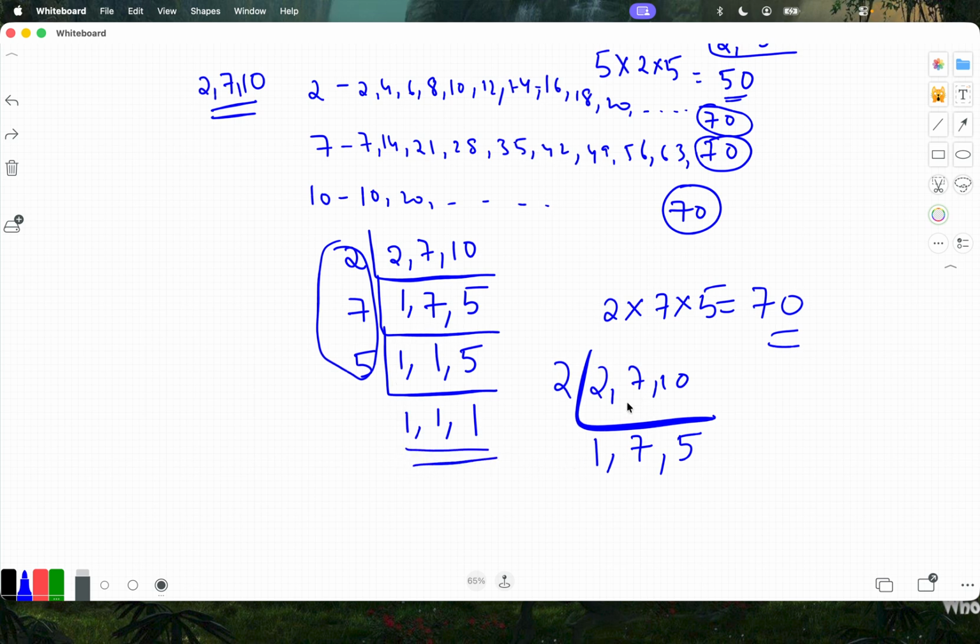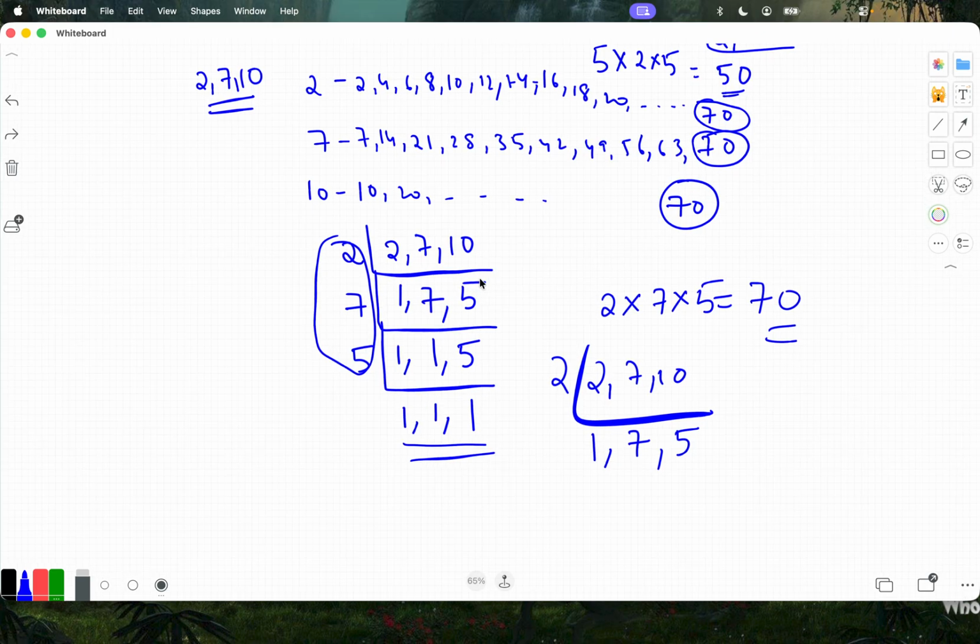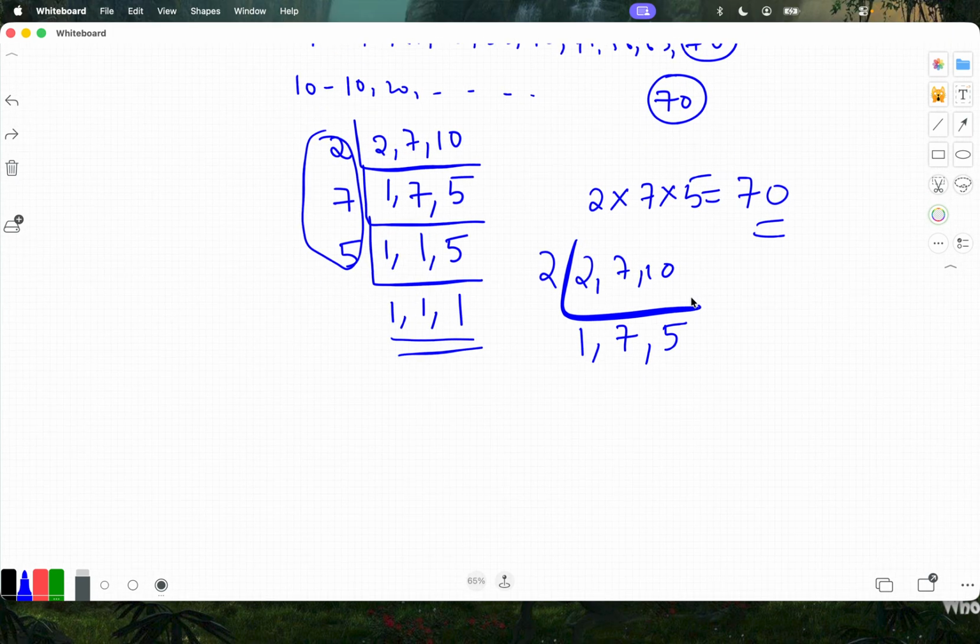If we just want to calculate, we will use this method and do it directly. If the examiner specifically tells us to do the other method, we have to write all the multiples and then find the common multiple. Whatever method you choose, you will get the same answer.